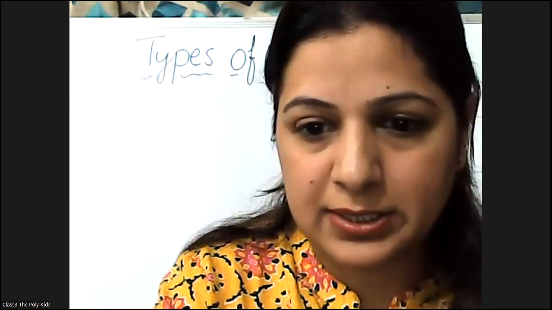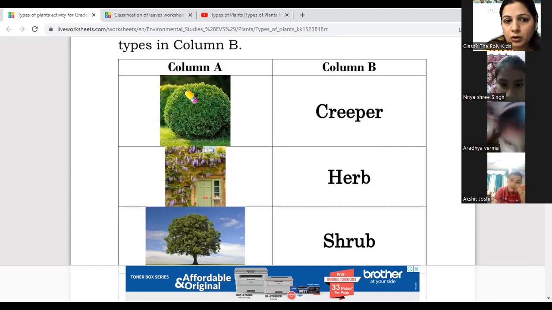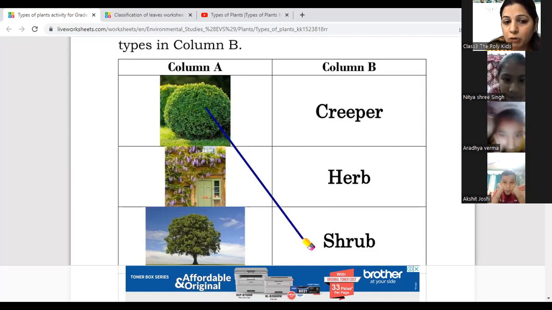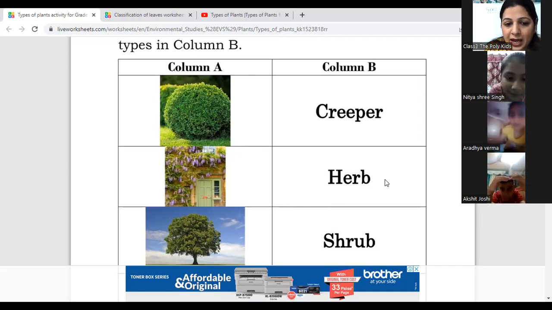Okay, 2 minutes we have. Fast, I am sharing this. Just tell me the answer fast. The first picture, Nityashri. What type of plant is the first picture? Ma'am, herb. Not herb. This is a shrub. Bushy plant. Next is Aradhya Verma.